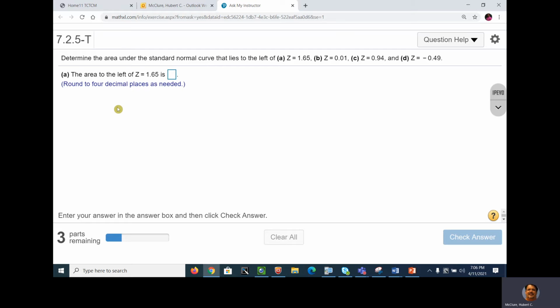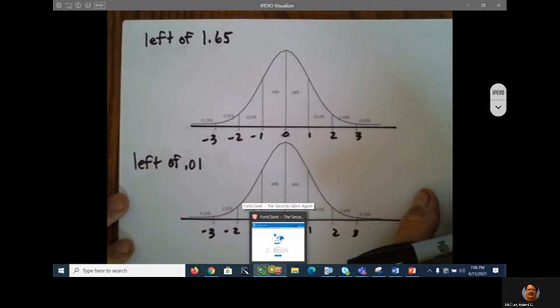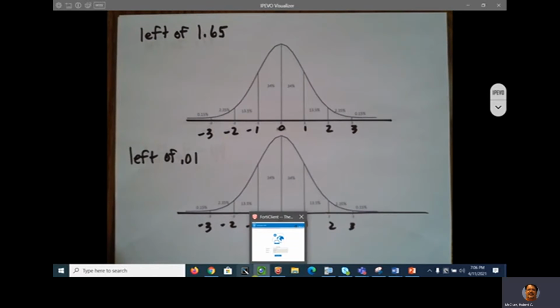Oh, I already got this. Okay. All right, so here are our four drawings. Here's the first two.